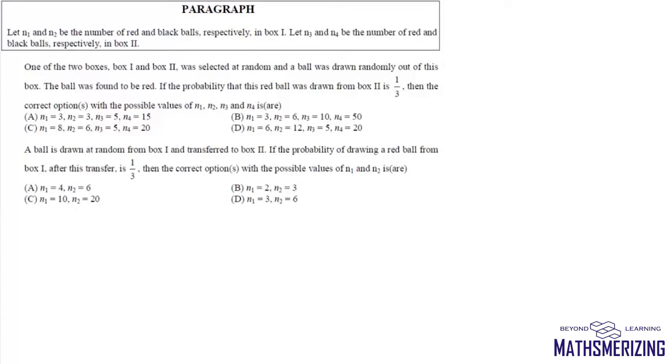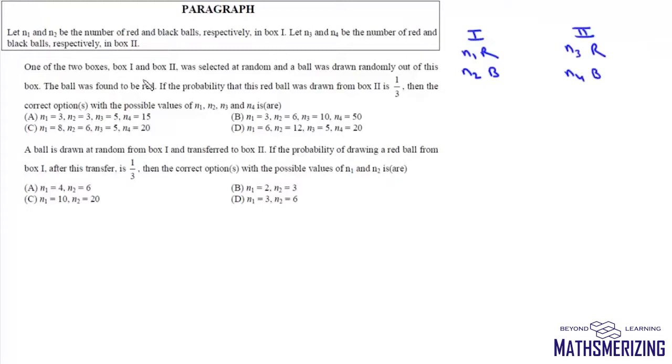Now here the question is, let N1 and N2 be the number of red and black balls respectively in box 1, and let N3 and N4 be the number of red and black balls in box 2. So we have two boxes, box 1 and box 2. In box 1 we have N1 red and N2 black balls, and here we have N3 red and N4 black balls.